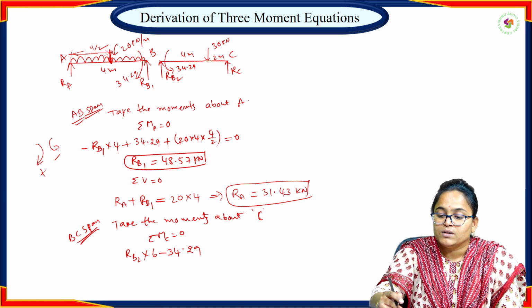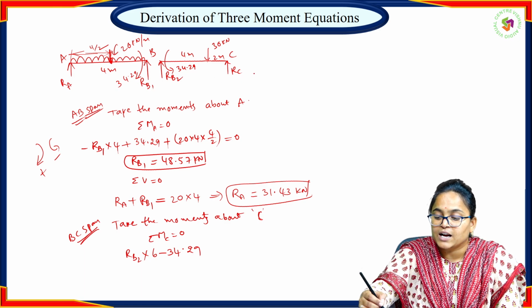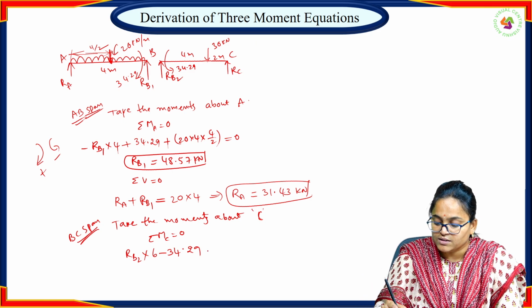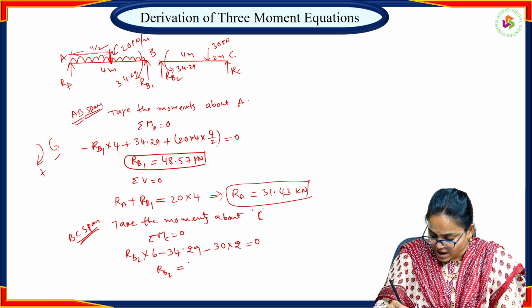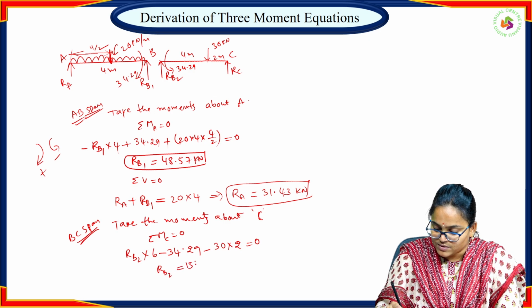And the concentrated point load will produce an anti-clockwise moment about C, that is minus 30 into the perpendicular distance between the 30 kilonewton load and C, 2 meters. So this is equal to 0. From this we'll get RB2 as 15.715 kilonewtons.